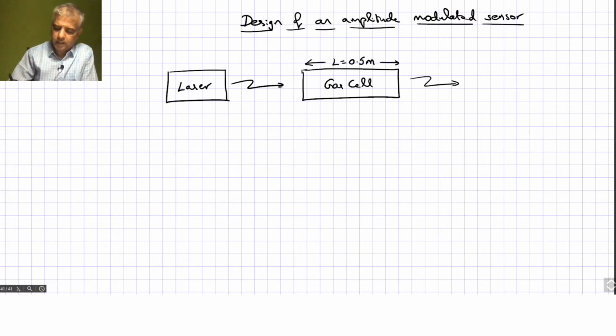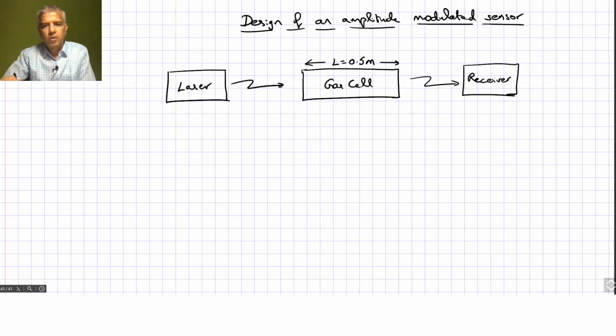And then whatever is coming through that gas cell, you want to pick it up with the optical receiver. This is what we had been looking at previously. And in this case, to pick up this absorption accurately, we typically use what is called differential absorption spectroscopy. So let's go ahead and try to look at that.